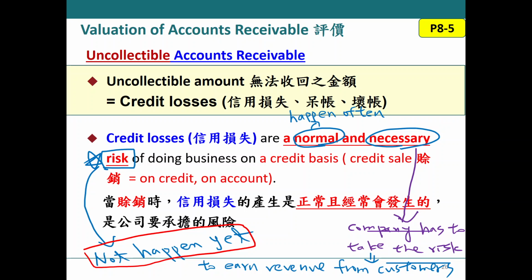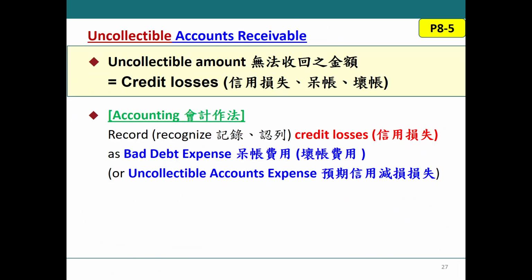So for the risk, since you understand the concept, how do we describe the risk on financial statements? So we talk about the accounting way, how to show the whole concept. So accounting for the risk, credit loss, 信用损失, the account we use is bad debt expense, 坏账费用, 呆账费用.